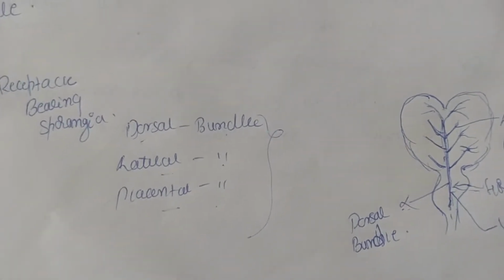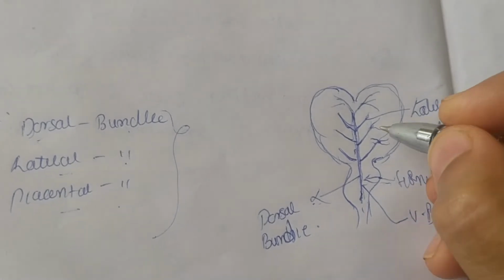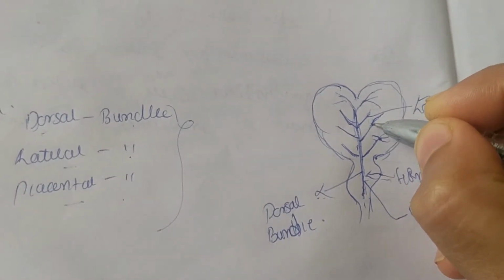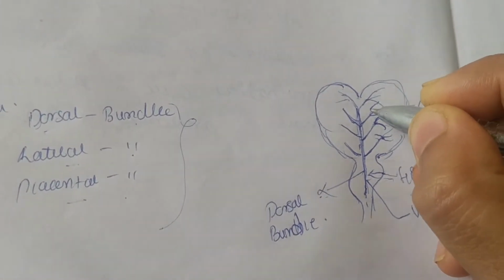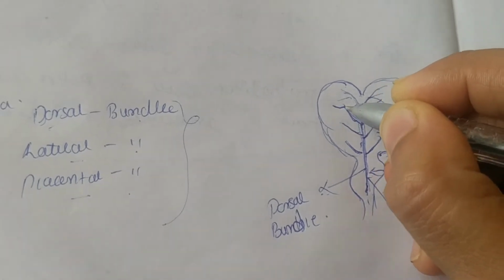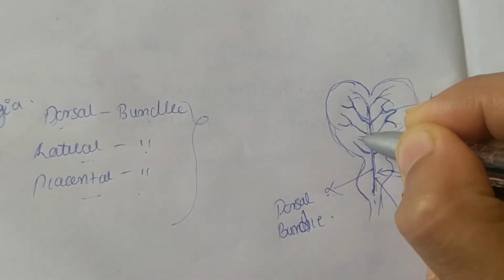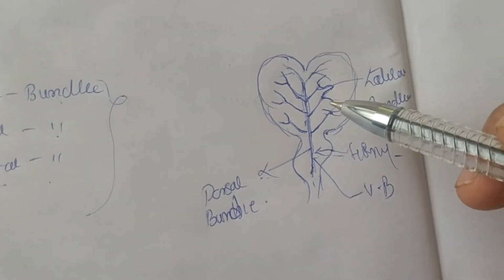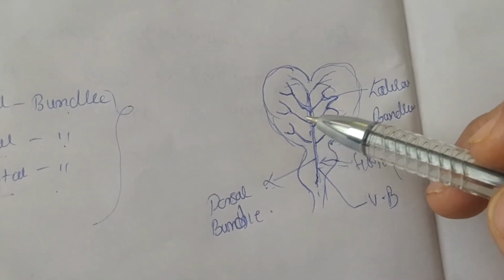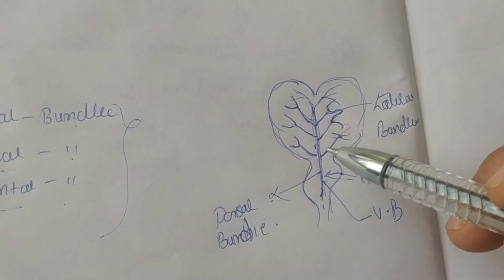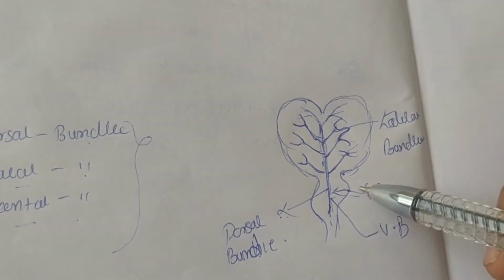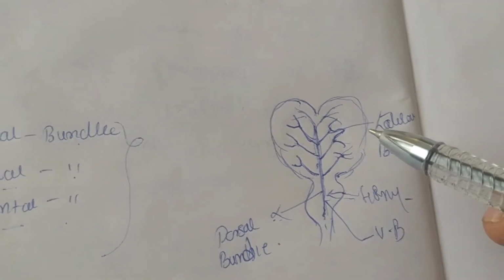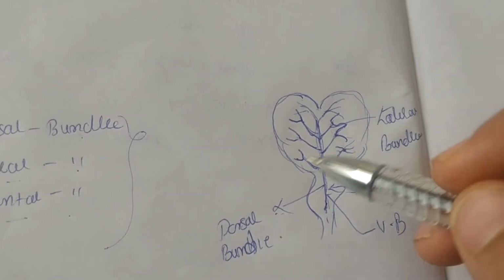Now these lateral bundles are going to further divide, forming a fork-like structure, giving the appearance of a fork. This division is in order to supply water, food as well as nutrients to the entire sporocarp. That is the only intention. That's the reason these many divisions are there.